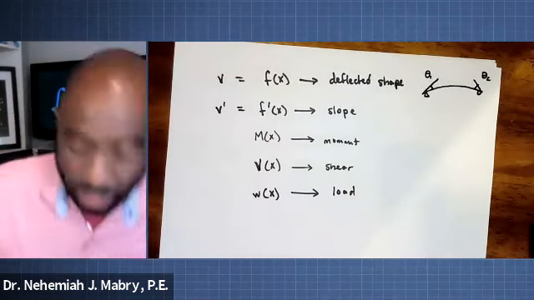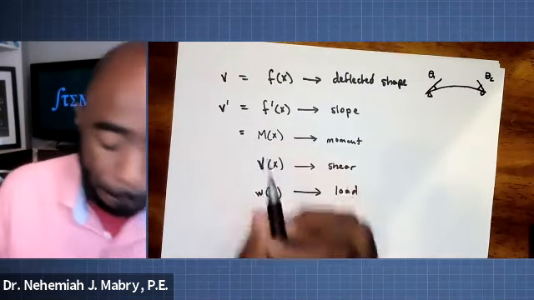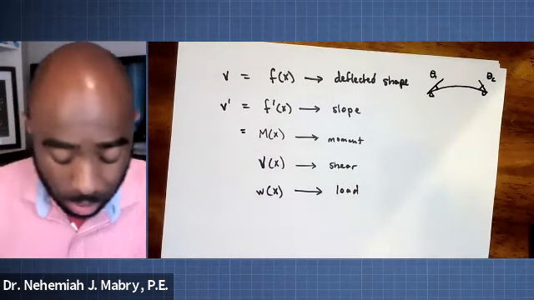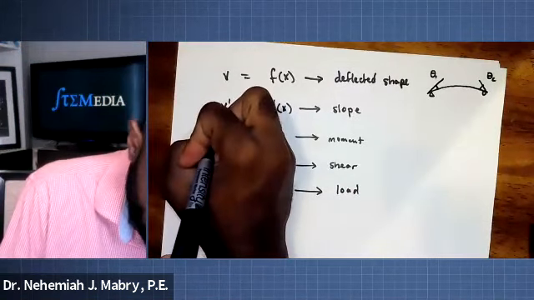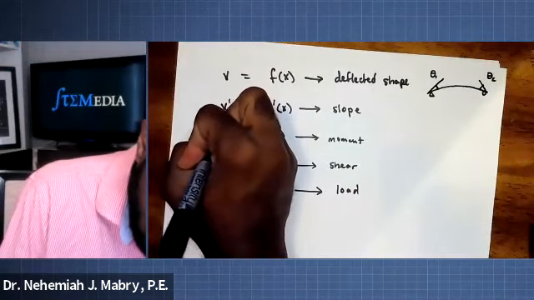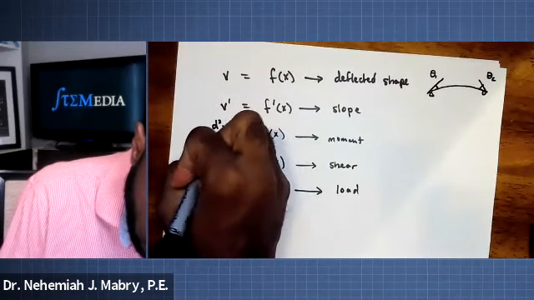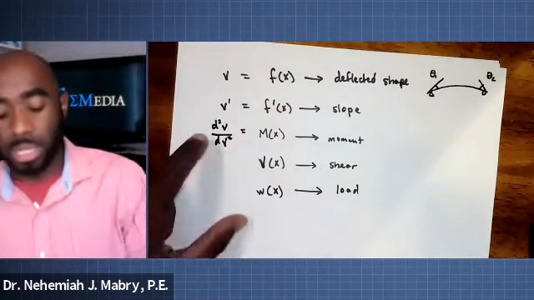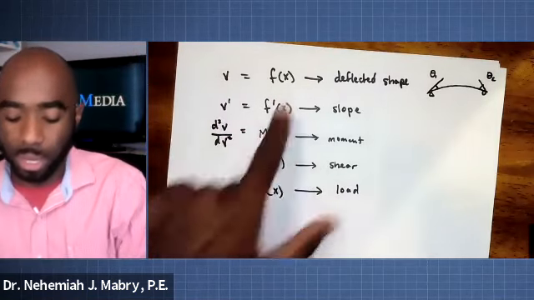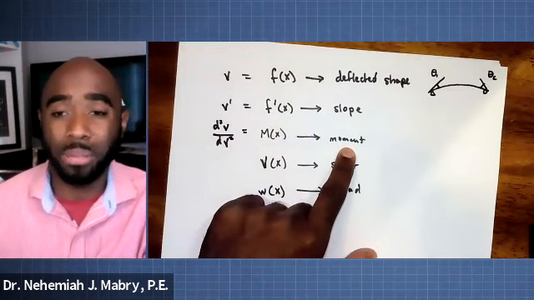Now, when you get down here to moment, what we are really doing is taking the second derivative, and I'm gonna write it like this: d squared v over dx squared. This is the second derivative of v, and that is our moment.